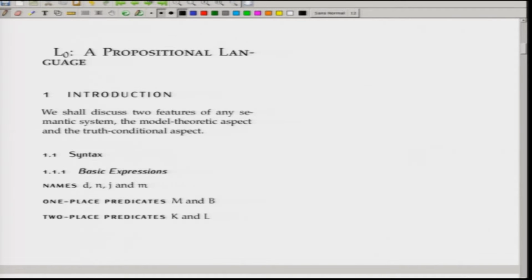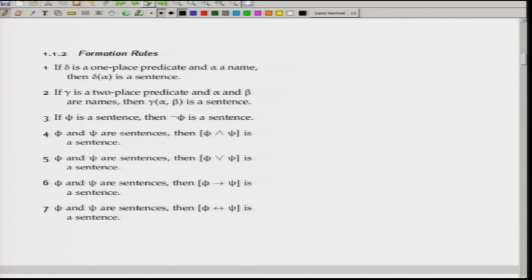So first, there are the basic expressions, part of the syntax. There are 3 names, D, J and M, as we can see, 2 one-place predicates, M and B, 2 two-place predicates, K and L, and then the formation rules. If there is a one-place predicate, let's call that delta, and if alpha is a name, then delta alpha is a sentence.